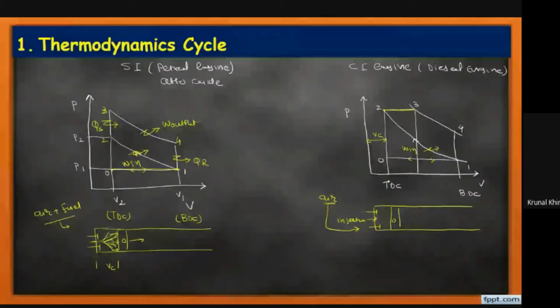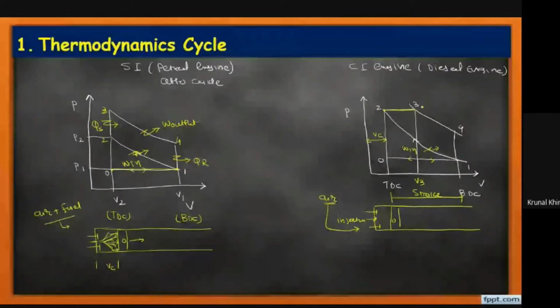Out of the stroke length, that much amount of length we supply the fuel, and at this V3 we cut off the supply of fuel. Means exactly at the top dead center, when the piston reaches the top dead center, the diesel injection will take place from this injector, and it will inject till point 3, and after that the fuel supply is off, and that's why this phenomenon at point number 3 is known as the cutoff.